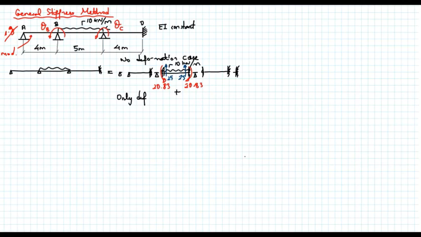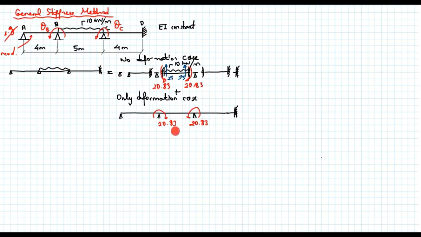So we name it the only deformation case, where we show all the unbalanced forces, and here we are saying that the structure should deform in such a way that it creates the same unbalanced moments, but in the opposite direction. 20.83, 20.83.